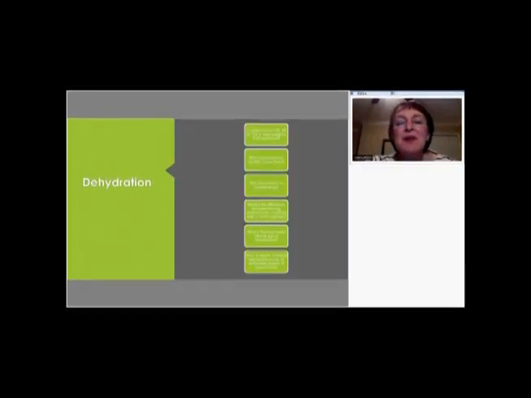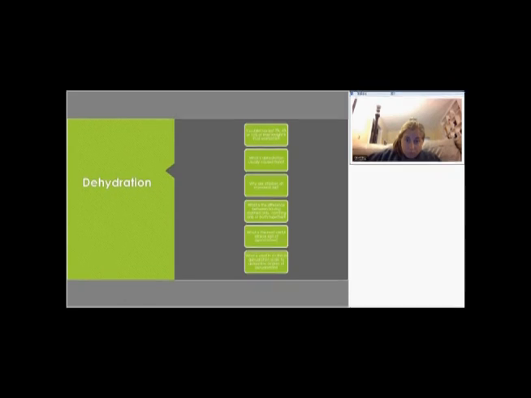So dehydration is certainly one of the things that you have to worry about with children with GI problems. So if a child has lost 3%, 6%, or 15% of their weight, is that worrisome? Yes.